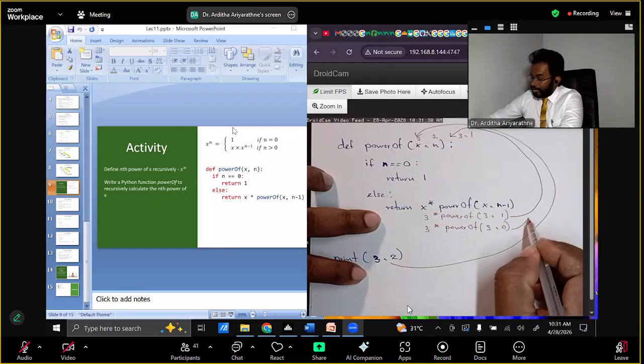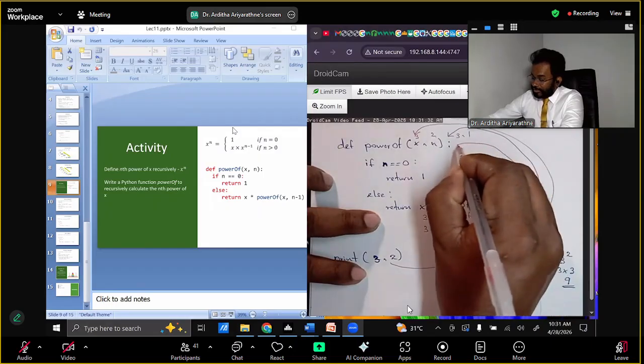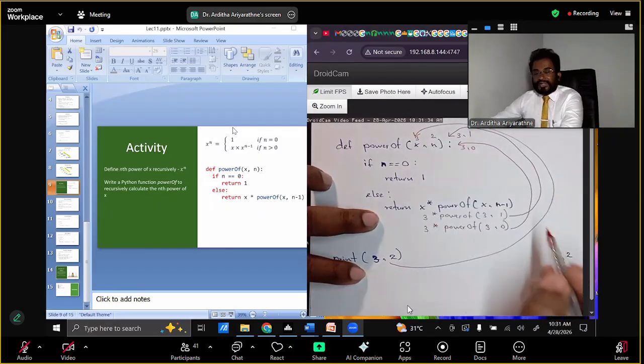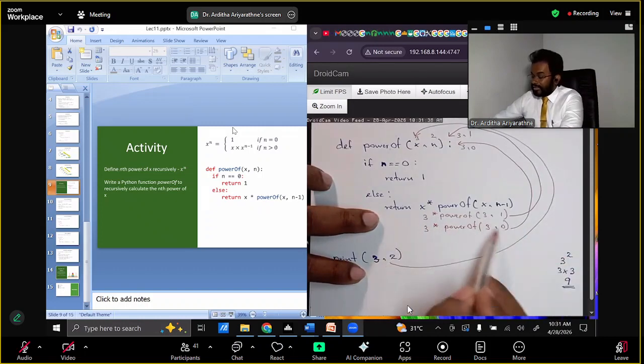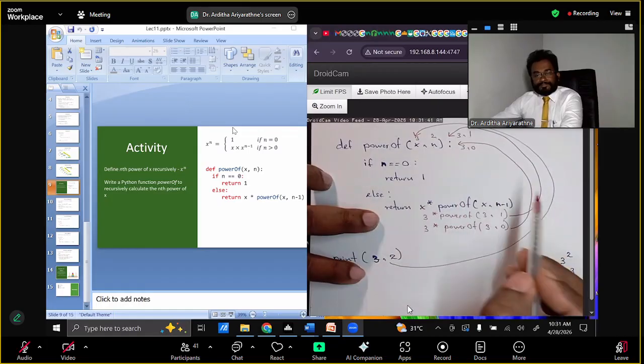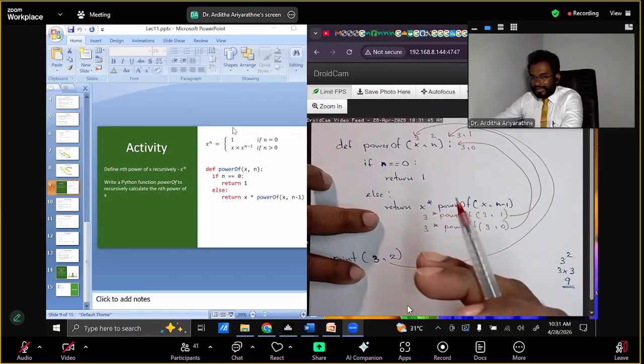Again we are calling the same function with two different values, 3 and 0. Still we can't return because we are calling the same function again. Now you can understand what return is.